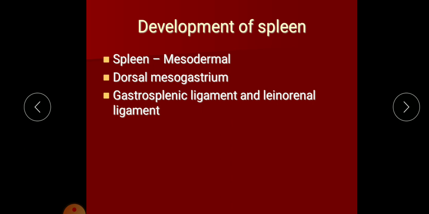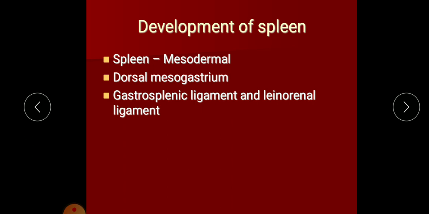So you find small masses appearing in the mesoderm as a mesodermal thickening present in the dorsal mesogastrium. Then all these small masses will finally join together to form the normal spleen, and that pattern of fusion is often represented as the presence of notches in the anterior or superior border of the spleen.